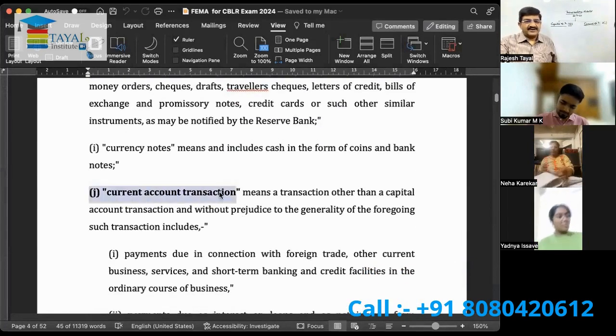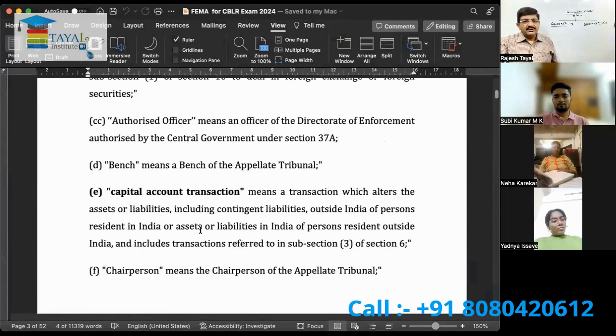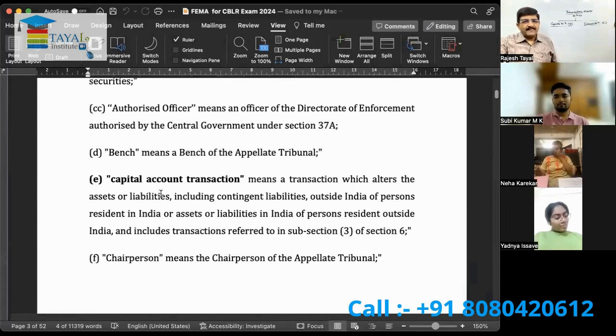This is the current account transaction. So, going back to capital account transaction.